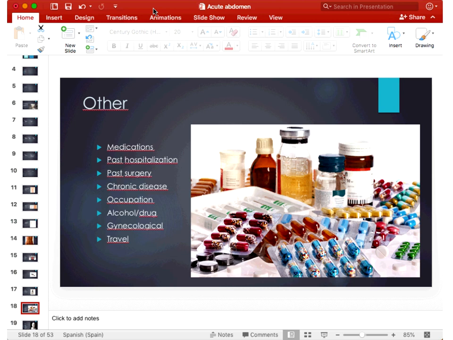If the patient had any NSAIDs, they may be having the main pathology, or if the patient has been hospitalized recently because of this, or had any chronic disease or past surgeries. You need to ask about everything.